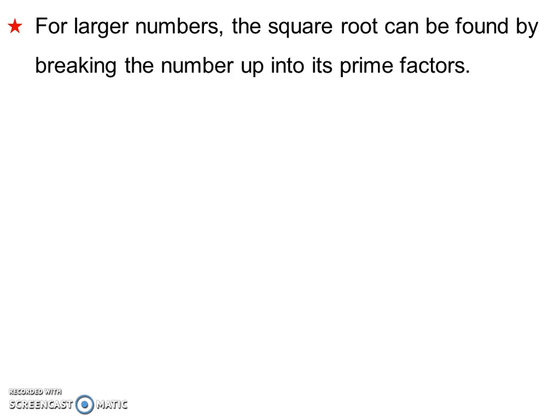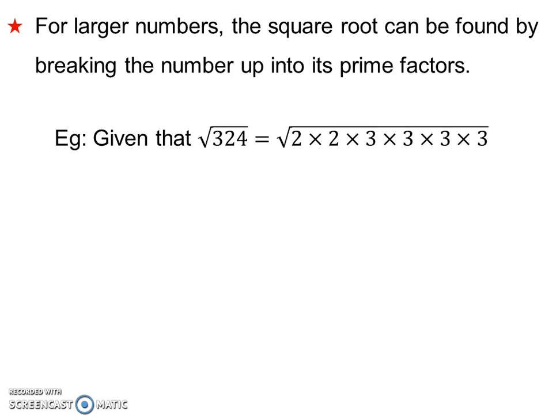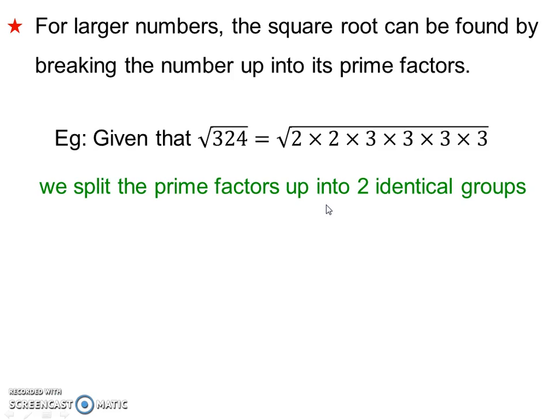We can find the square root of larger numbers without a calculator by just using the prime factors that multiply to give the number. So if we were given the fact that 324 equals this great big long multiplication, which we can find using factor trees, all we need to do is split our prime factors into 2 identical groups.